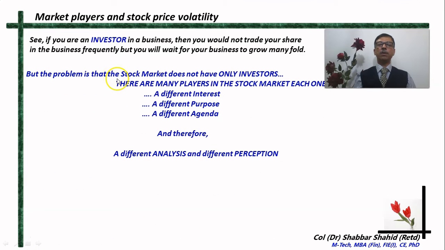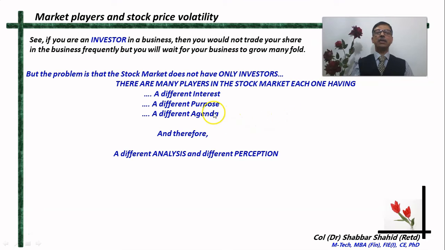But the problem is that the stock market does not have only investors. There are many players in the stock market, and each one is having a different interest, a different purpose, and a different agenda. Every player in the market has got a different interest, a different purpose, and a different agenda.